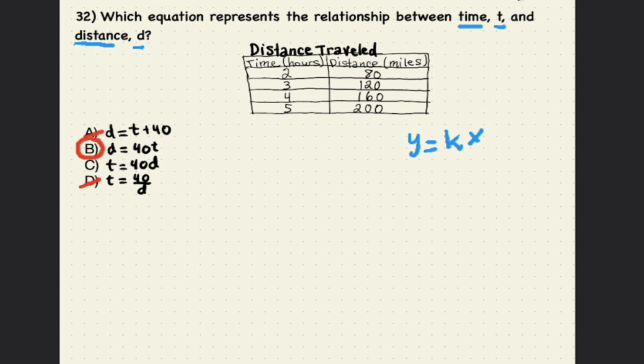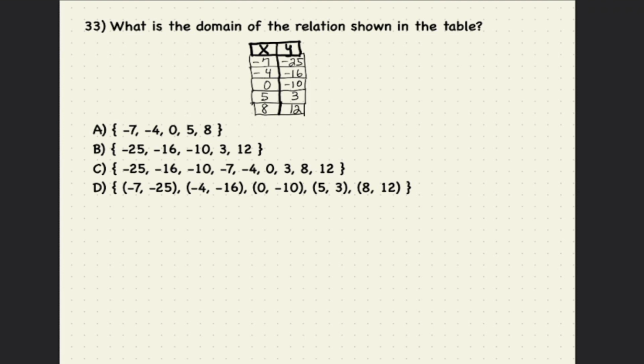Let's go ahead and move on to number 33 now. Number 33. What is the domain of the relation shown in the table? Before you could even solve this problem, you need to know what the domain is. The domain is all of the x values.